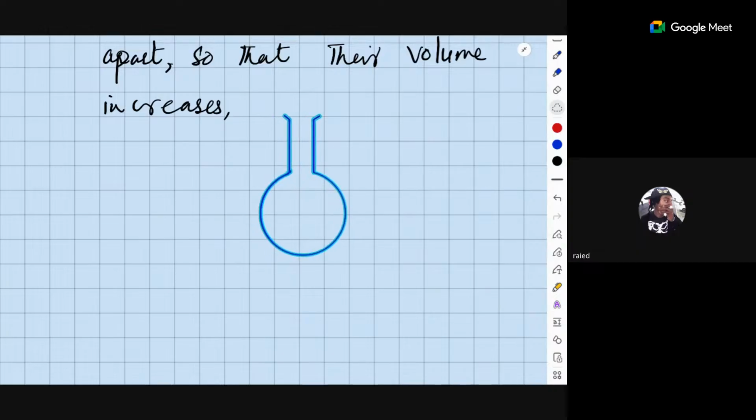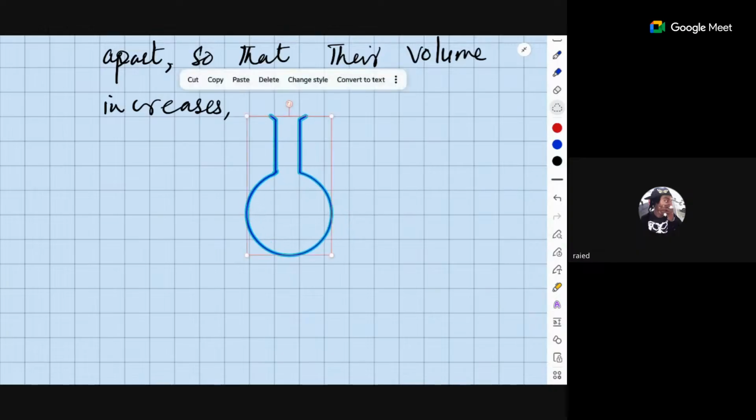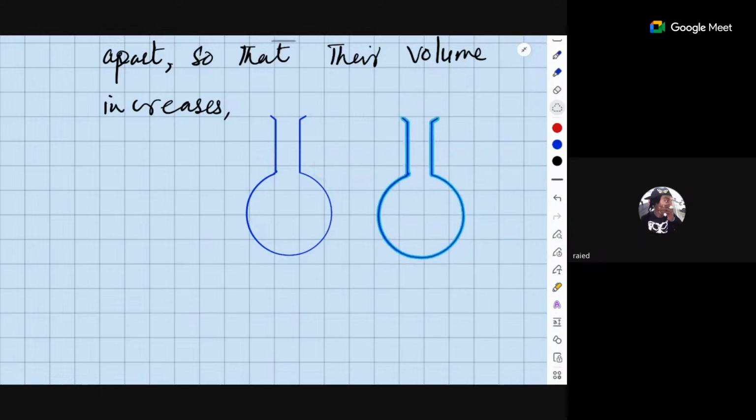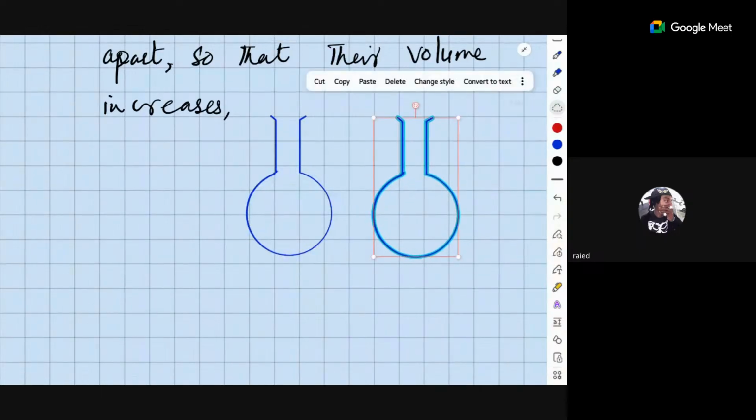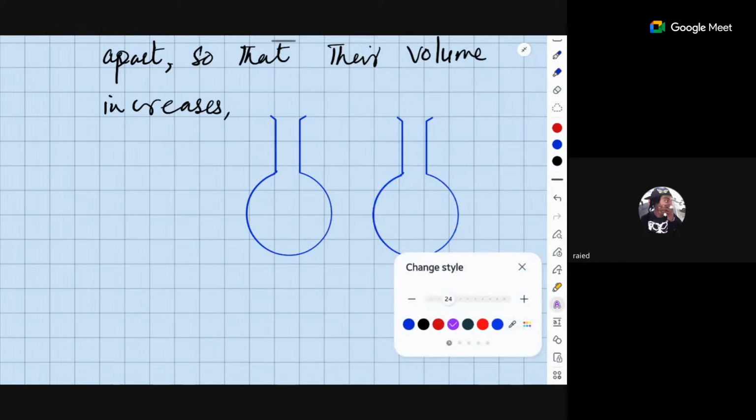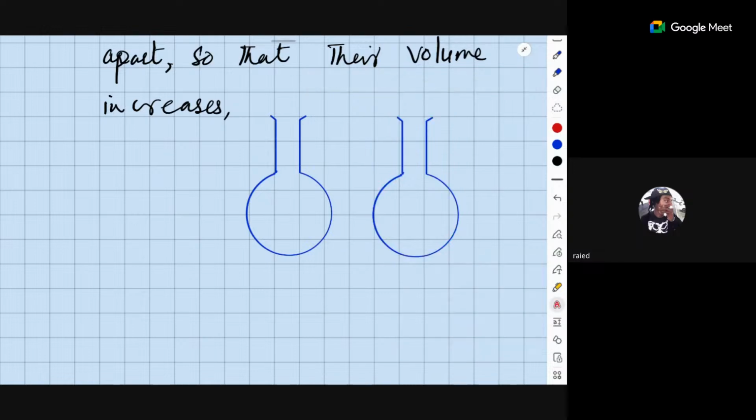Now I have a question related to that. This flask is placed on a heater. It contains some liquid inside. Initially that flask is cold.